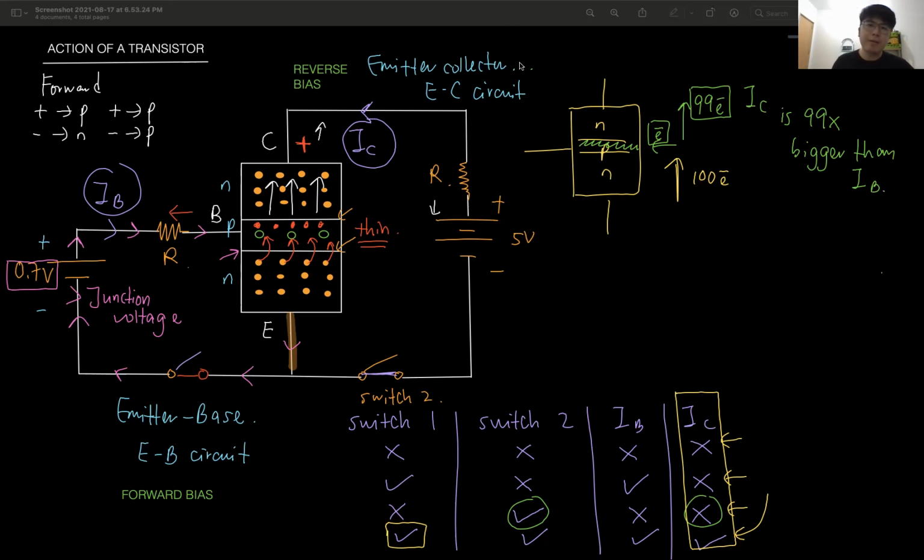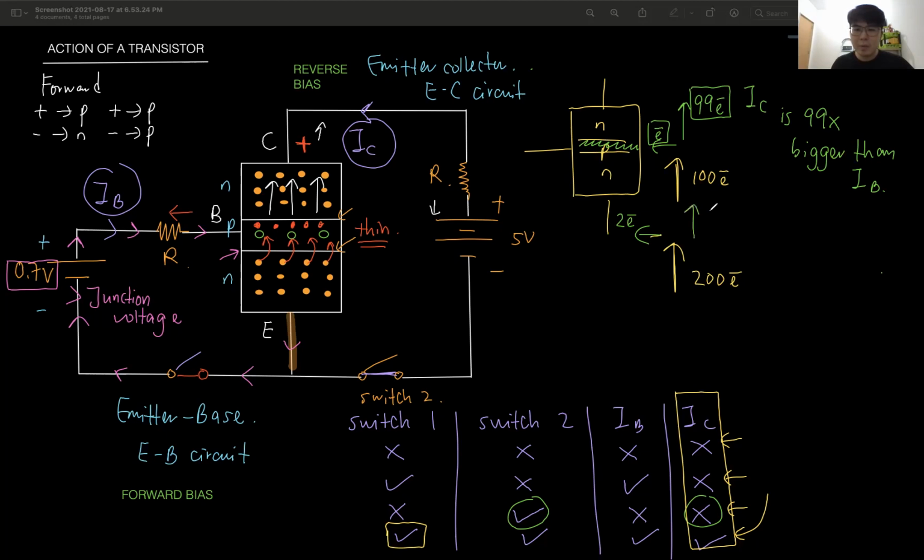Let's say if I double it, I turn on, increase the current. So we have 200 electron diffusing into the p-type. Out of 200, maybe 2 go out because it has very few holes, right? So only 2 out.